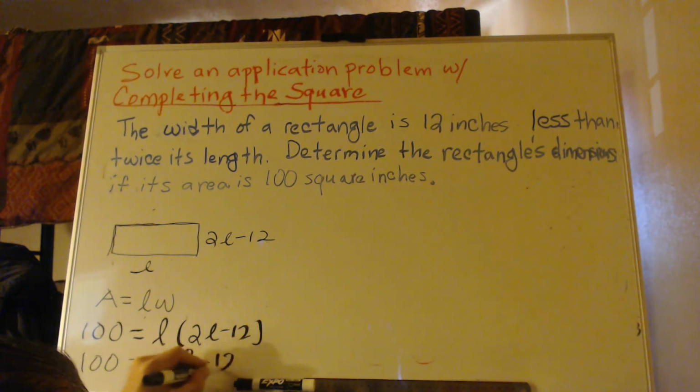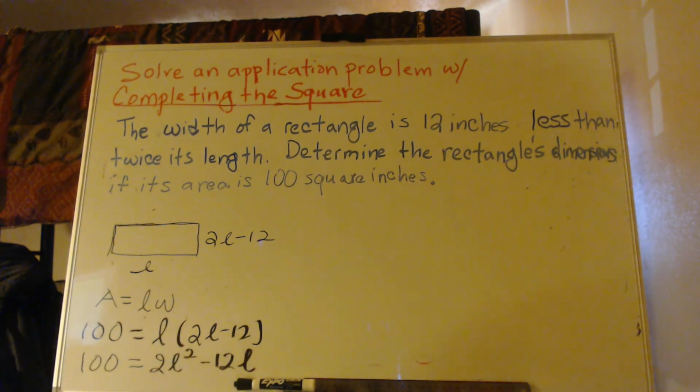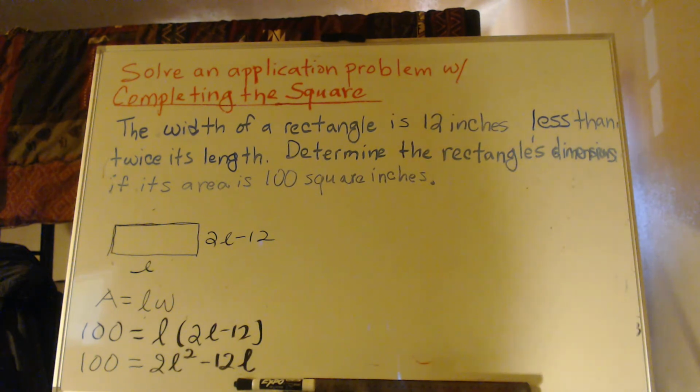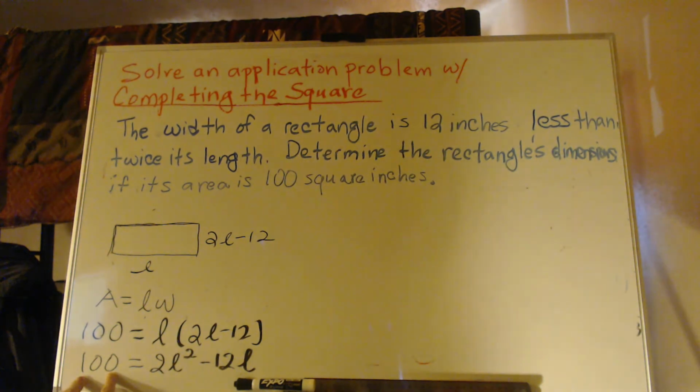And to be able to solve this by completing the square, we do have the constant term isolated, the terms with the variable, in this case L, all on one side, but we don't have a 1L squared.